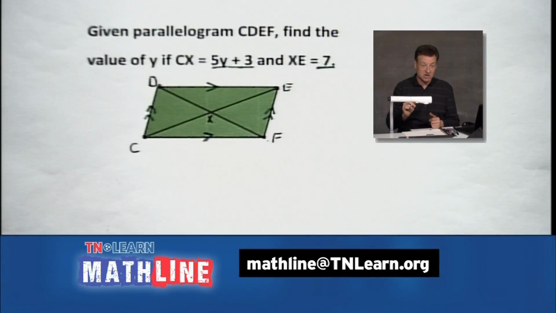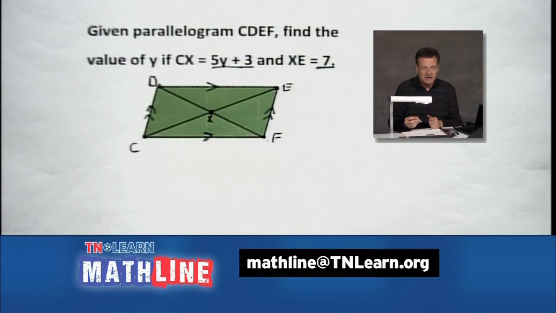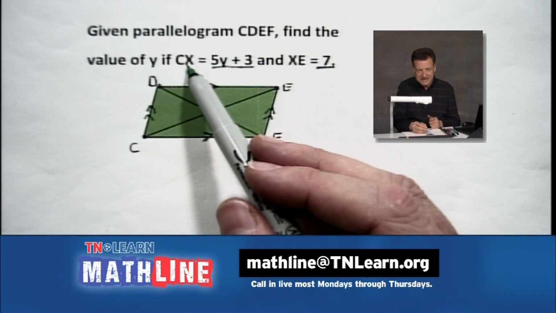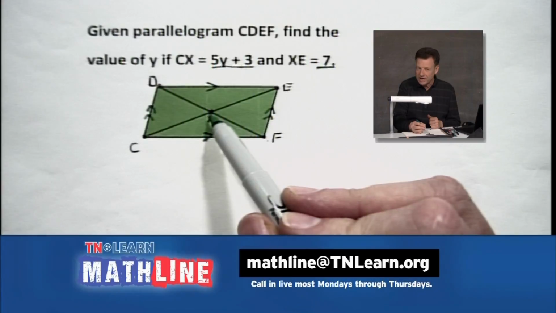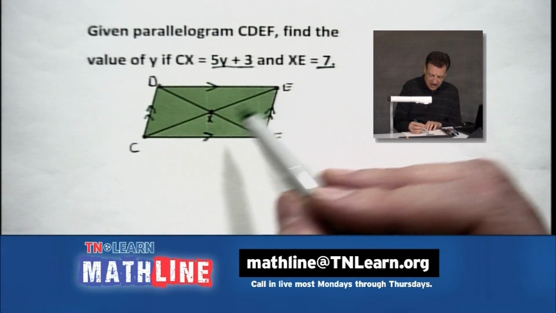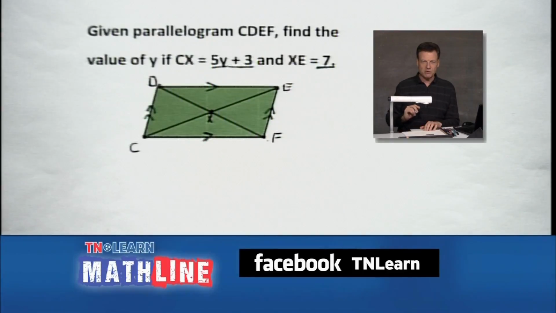They do intersect each other. They do come together, and there's something important about that X right there. That's why we brought this problem involving CX, the distance from point C to point X, and X to E. My figure's a pretty good parallelogram, and if you draw a good parallelogram, a lot of these qualities will shine through.